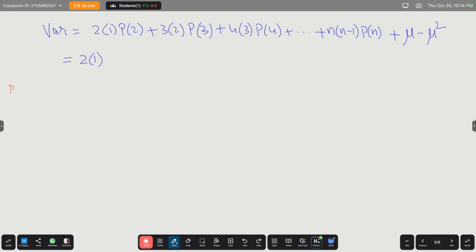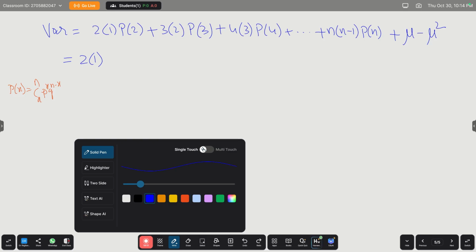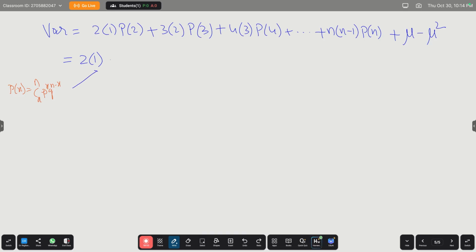So 2 into 1, and just to recall, I'll write it here. What is mass function? P of x is ncx p power x into q power n minus x. Okay. So what is p of 2 then? In case I put x equal to 2, it will be nc2 p power 2 q power n minus 2. And 3 into 2 is there, p of 3, x is 3 now.